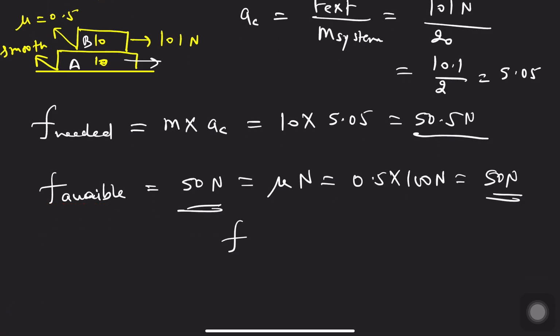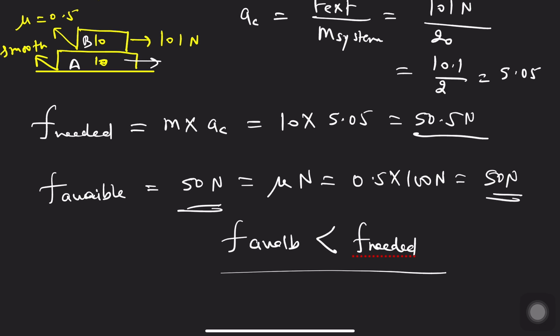It means F available is less than F needed. It means the sliding is going to happen for sure, because F needed is more than the F available.